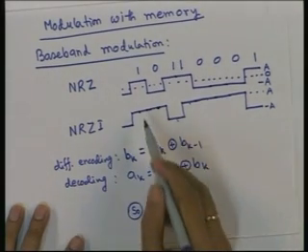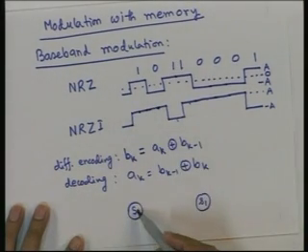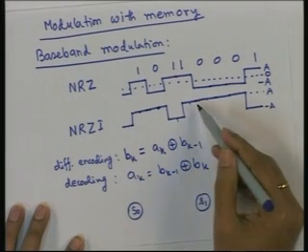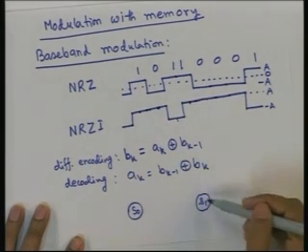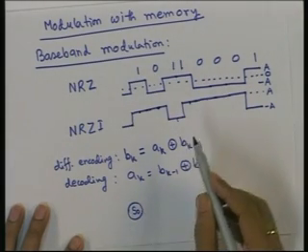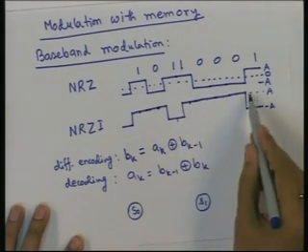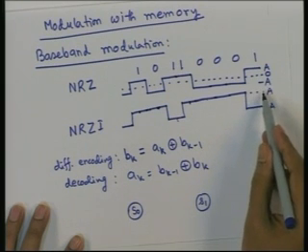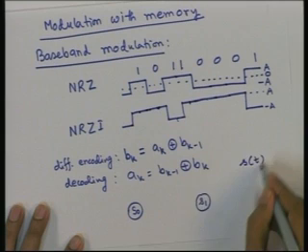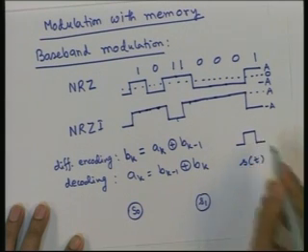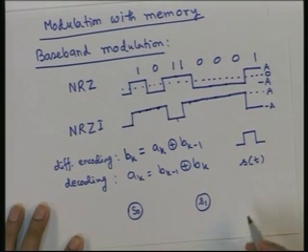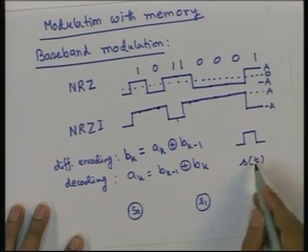So if the encoder is at 0 level, it is in state S0. If it is at 1 level, it is in state S1. The voltage level A is called, suppose we say, st, that is this pulse, the value 1, and the negative is minus st.